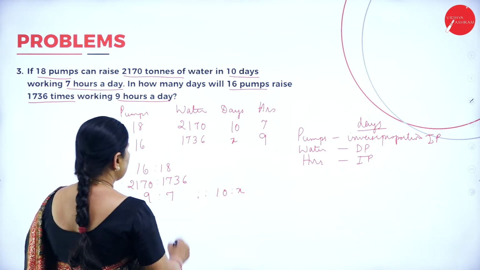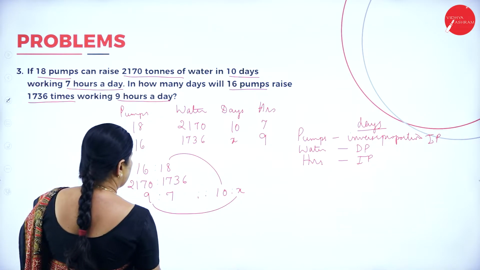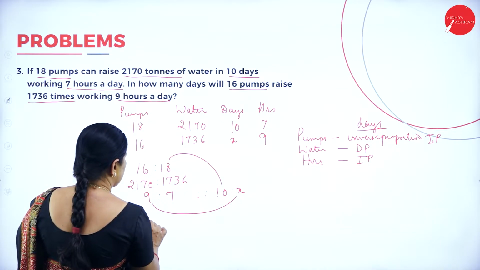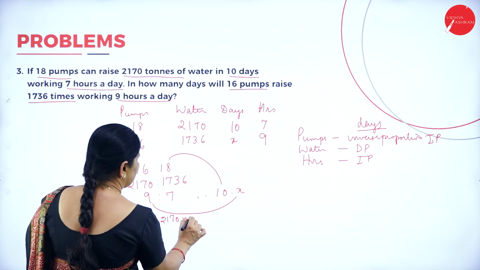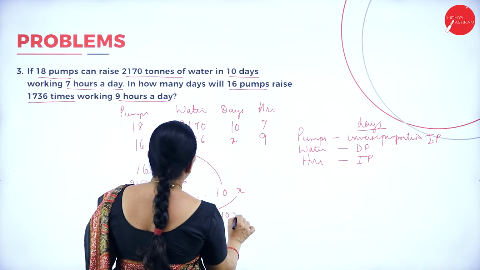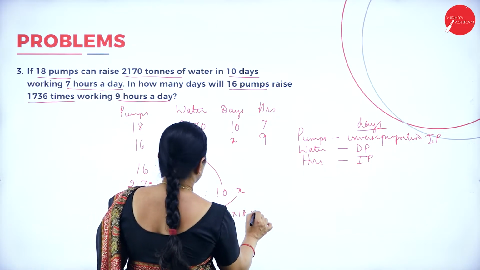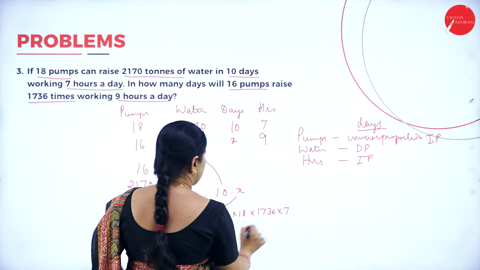So when I multiply all this, I get 16 into 2170 into 9 into x equals 10 into 18 into 1736 into 7.